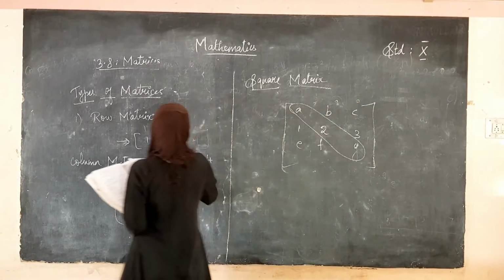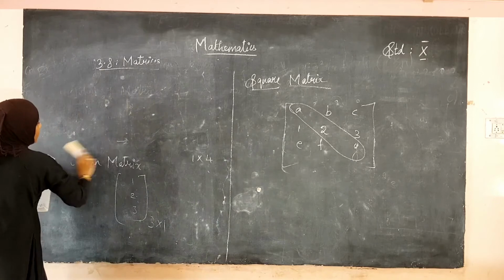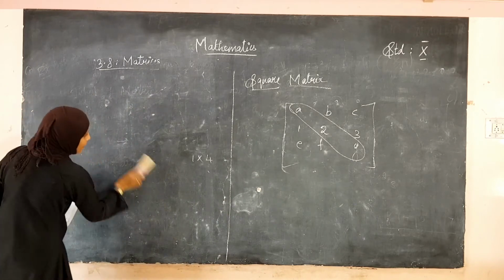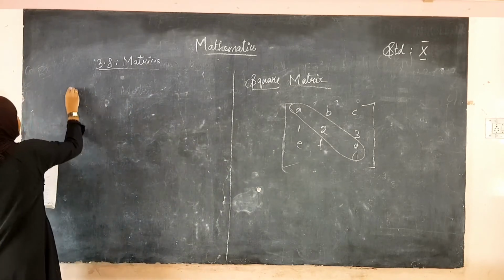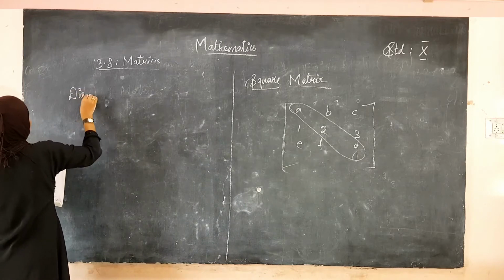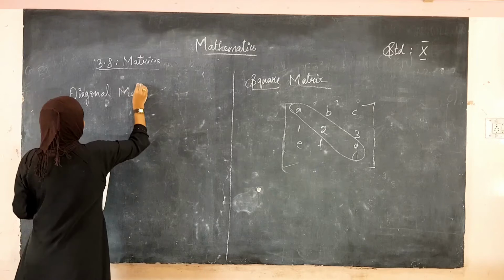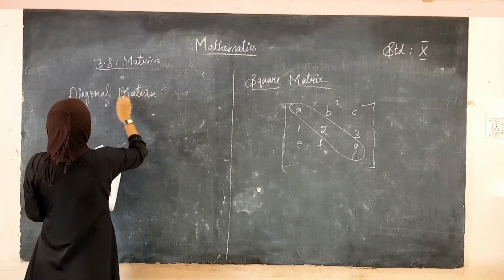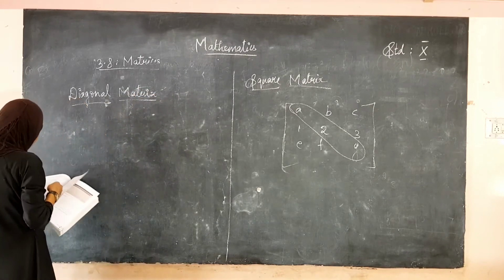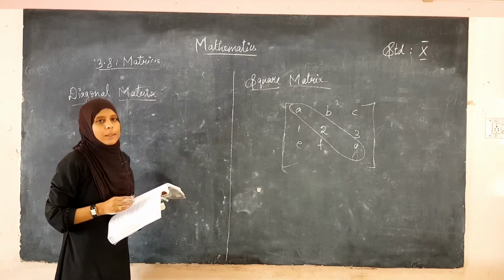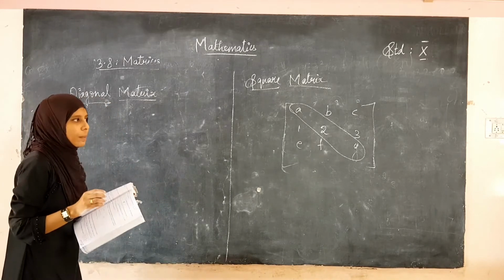Next, we are going to see the diagonal matrix. Now we have seen what the diagonal elements are. Now, what is a diagonal matrix? A square matrix in which all elements except the diagonal elements are 0.